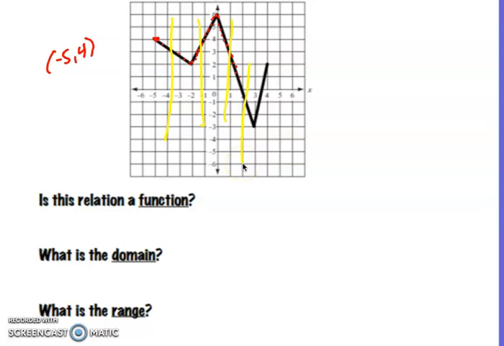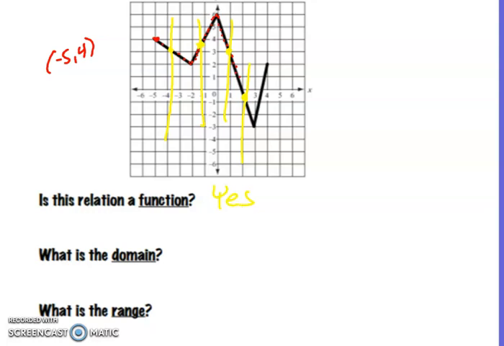No, it just hits at one spot, one spot, one spot. So this is a function because it passes the vertical line test. Again, if it hits in 2 spots, it's not a function.